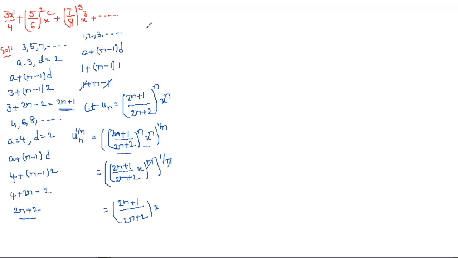Now you need to apply the limit. The limit as n tends to infinity of un^(1/n) is the limit of (2n + 1)/(2n + 2) into x.